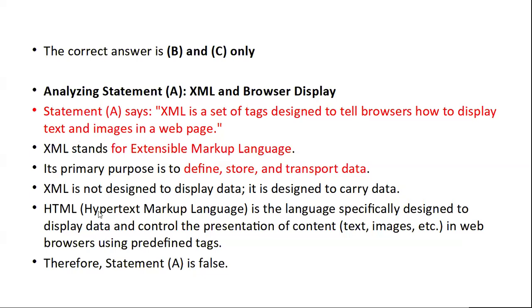That is not the purpose of XML; for that purpose we use HTML tags, which decide how the text should be displayed in a web page. XML is used to define, store, and transport data. Hypertext markup language is the language specifically designed to display data and control the presentation of content, text, and images in a web browser using predefined tags. So statement A is false.